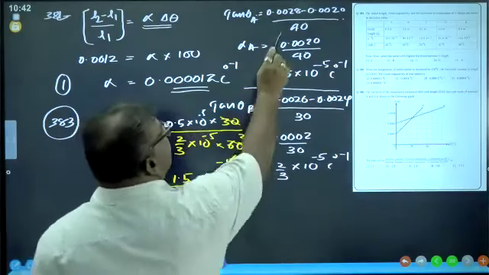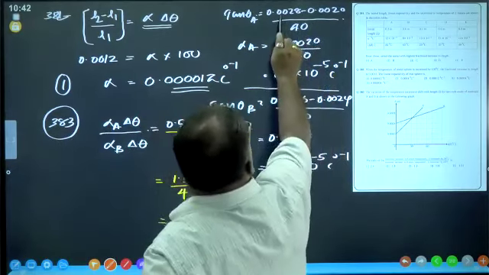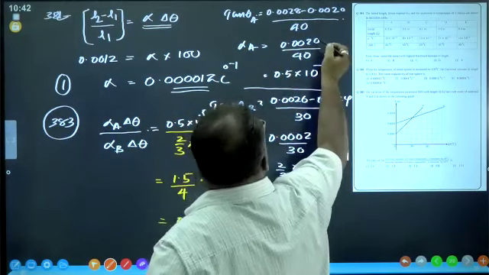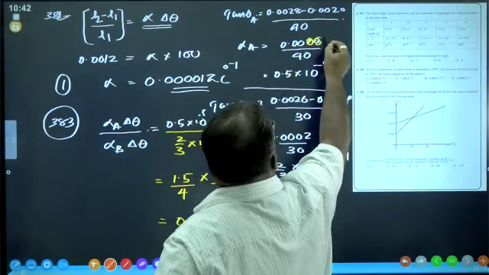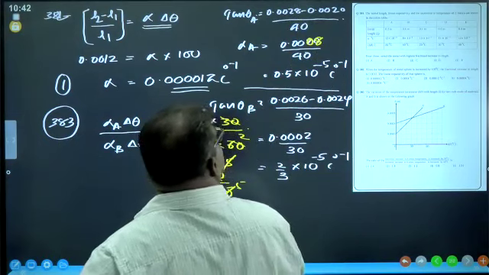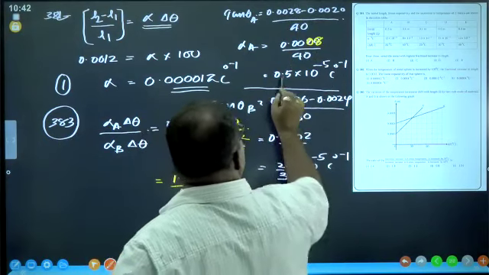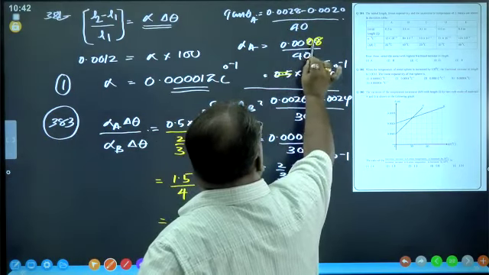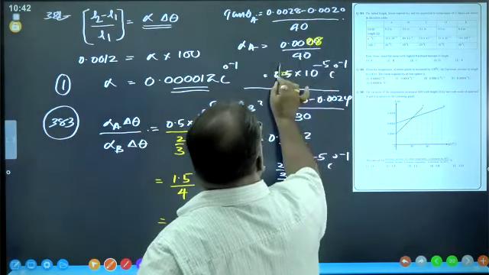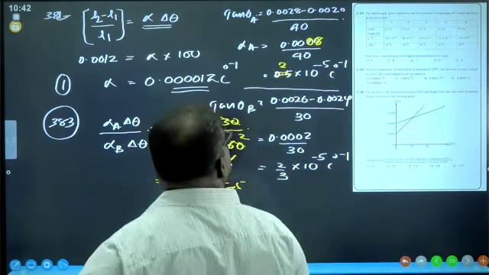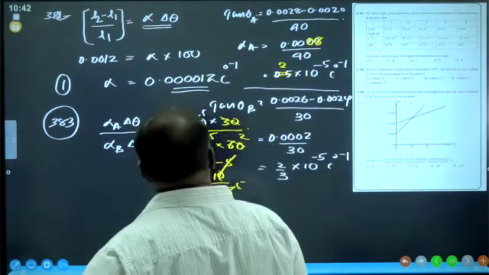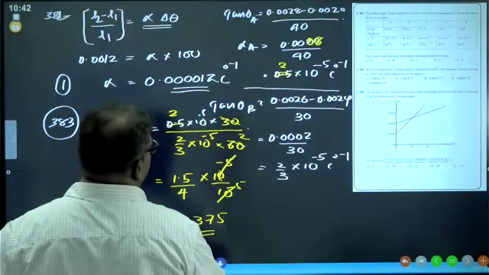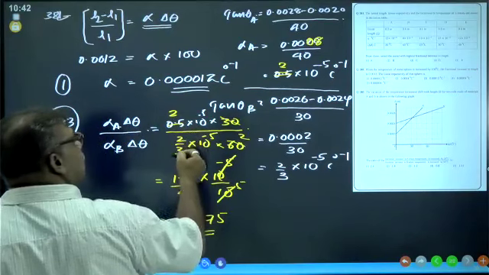But here we have a mistake, no? 0.0028 minus 0.0020 is 0.0008, right? Yes. Then this should be 2 into 10 to the power minus 5, no? Right. Here, this should be 2. Yes, then the 2s cancel.